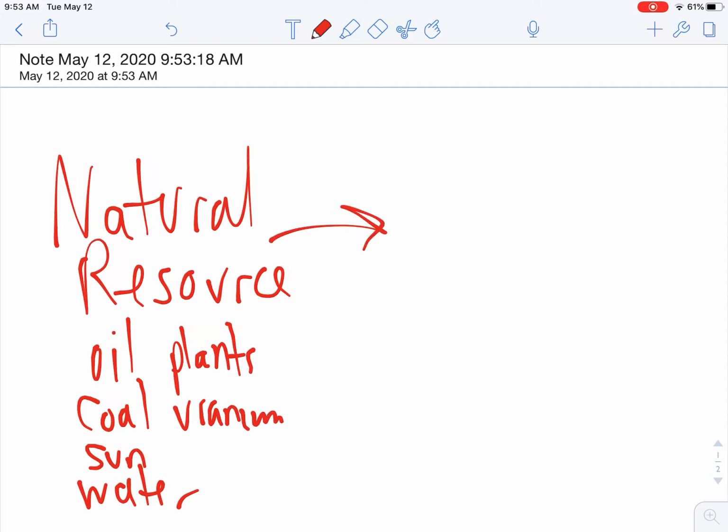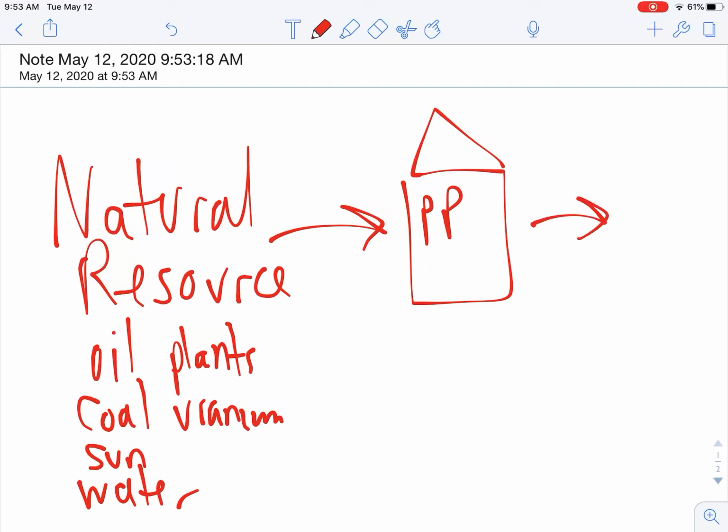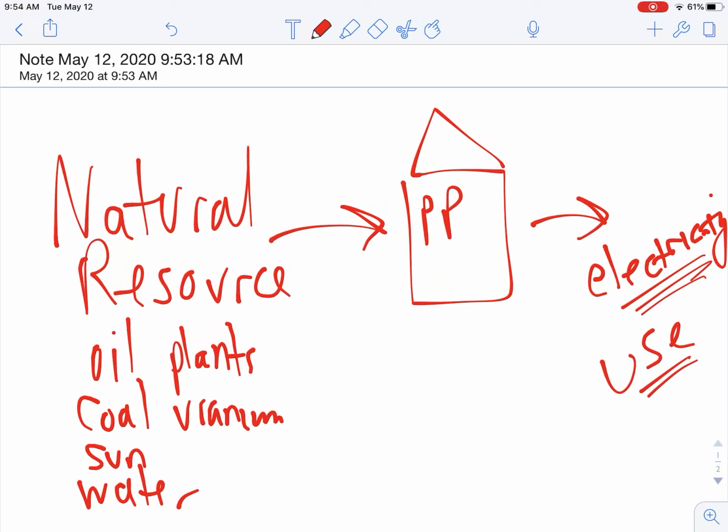And it puts it into a power plant. And out of that power plant comes electricity. And electricity is what we can use every day to power our devices and our houses and things of that nature.